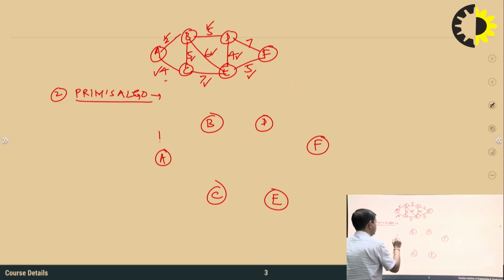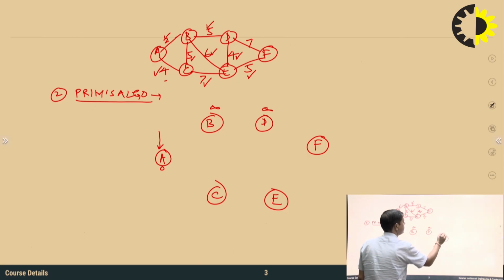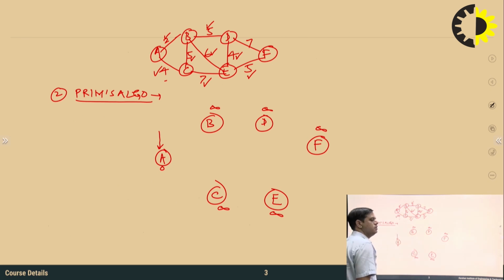For example, that is A, or you can say that is the starting node. The distance from A to A will be 0, and for all other nodes initially I will put infinite, because we don't know what is the minimum edge through which we will connect one node to another node.